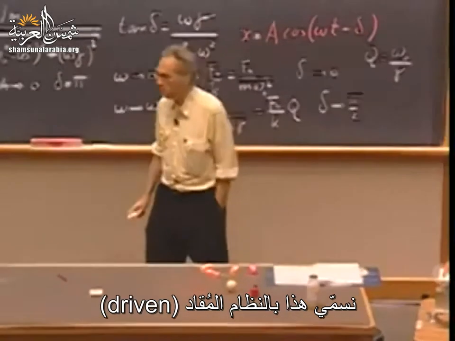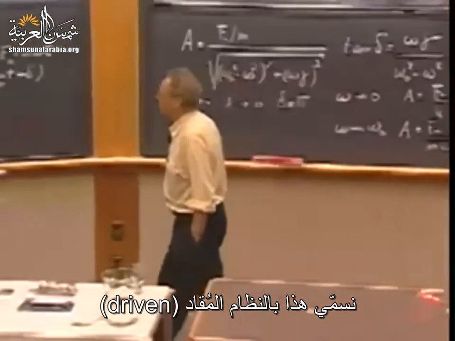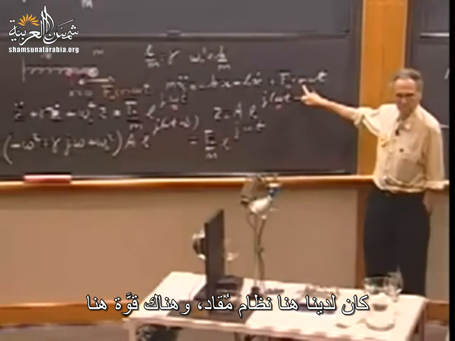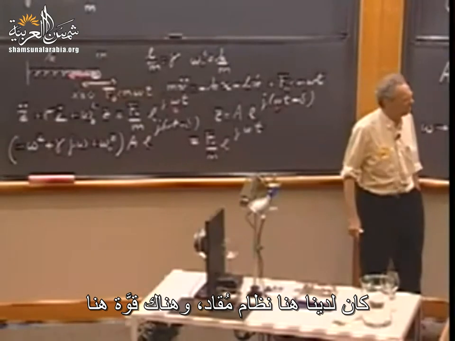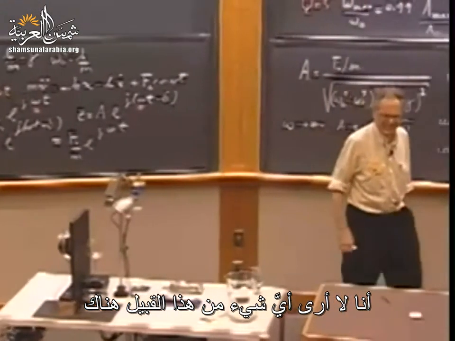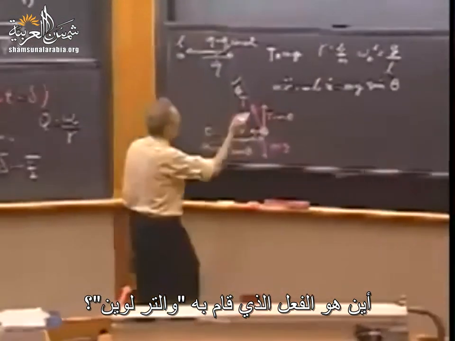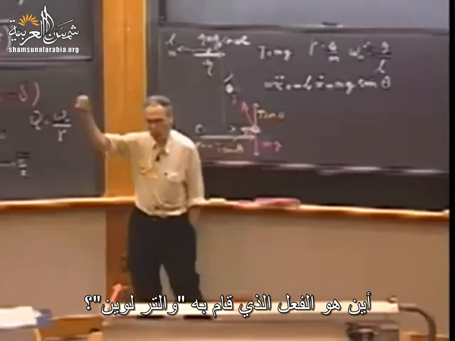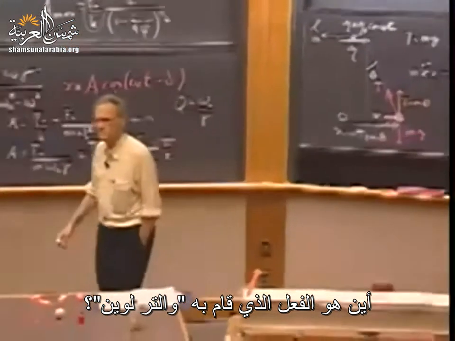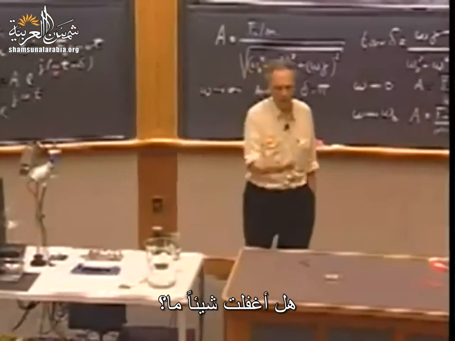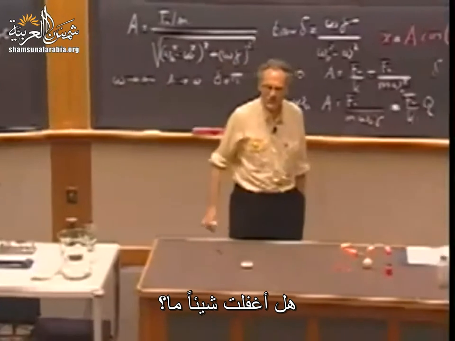That is a driven system. Now here I had a driven system, and I saw a force here. I don't see anything like that there. Where on earth does Walter Lewin come into this picture? Who is doing something? Have I overlooked myself, perhaps?